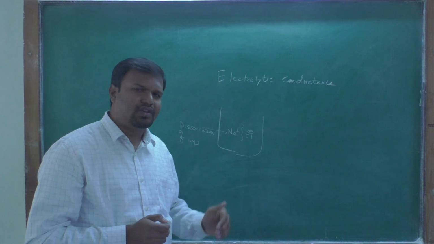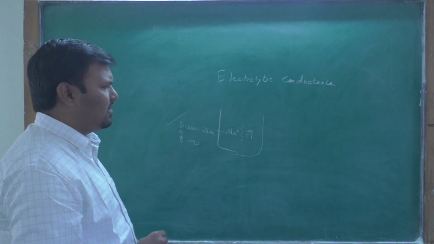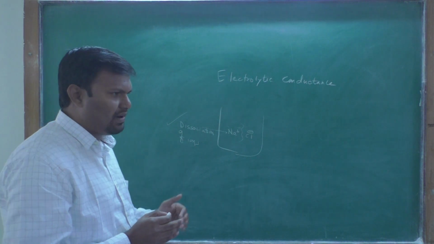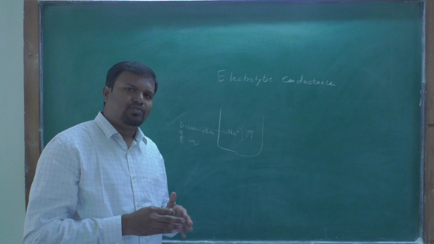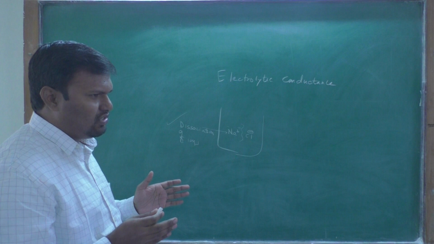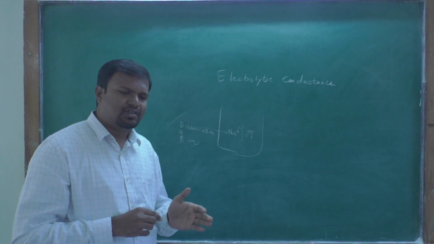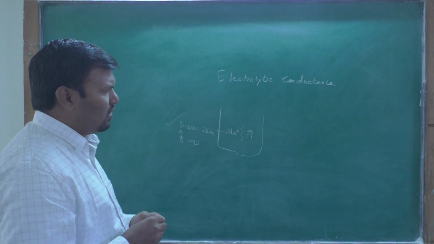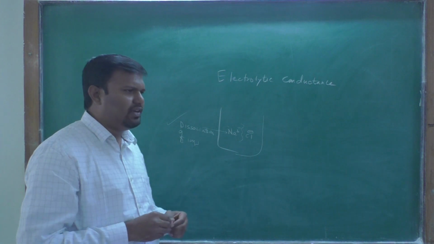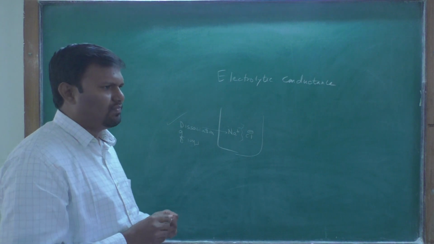When electrolytes are dissolved in water, the first thing that happens is the dissociation of ions, and then the ions migrate to the respective electrodes, which we will see later. The oppositely charged electrode gives the current, and that is the conductivity. Then the electrolyte is classified into strong electrolyte and weak electrolyte.